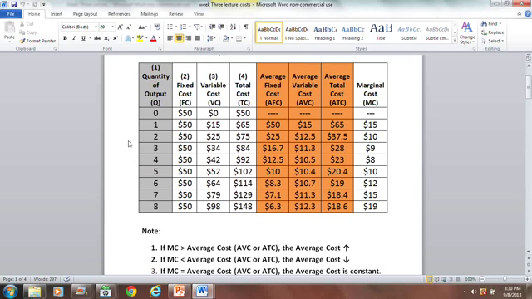And as more output is produced, notice the variable costs go up because you need more workers to produce more output. The total cost column, column 4, is the sum of the second column, the fixed cost, plus the third column, the variable cost. So you add those two together and it gives you your total cost.